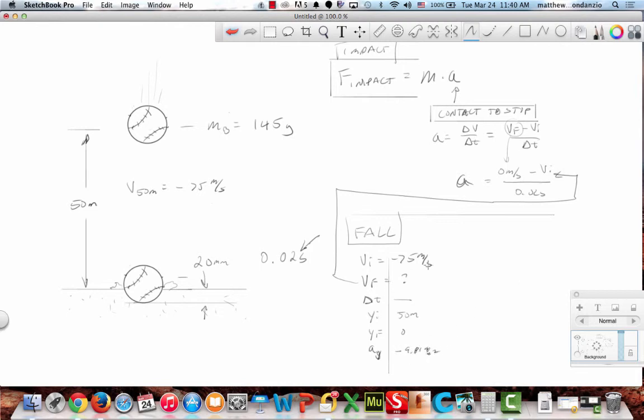Now I can say Vf squared equals V initial squared plus 2a delta d. So Vf equals the square root of V initial, negative 75 meters per second, squared, plus 2 times negative 9.81 meters per second squared times my delta distance, which is negative 50, because it's down.